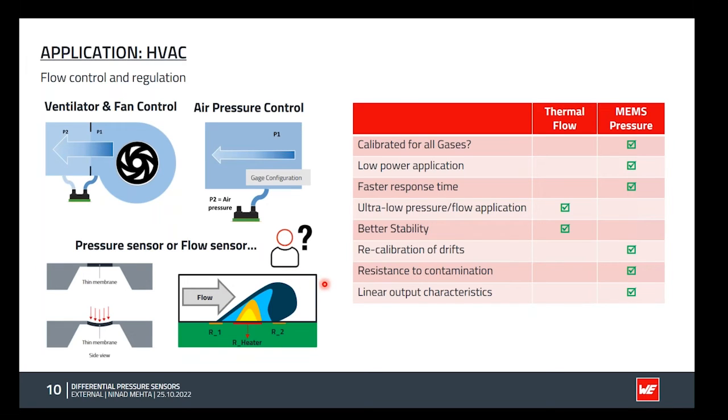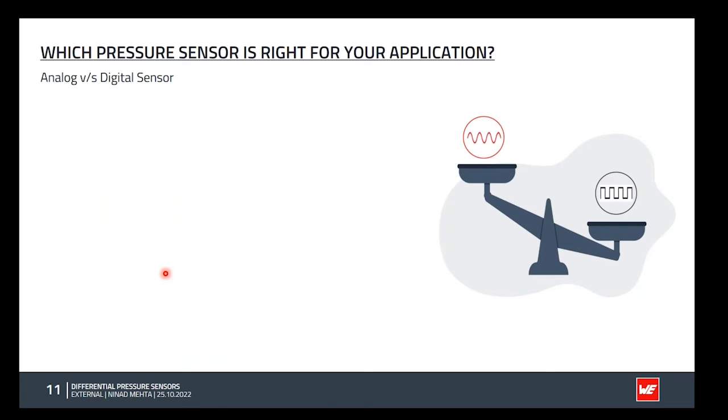So whenever the sensor gets clogged, you do not get a correct flow or pressure output, which is not the case in the MEMS based pressure sensors, because whenever there is some contamination, there will be a delayed frequency response, or you might have some offset due to the contamination, which you can get rid of with the help of the host controller, or by writing some code to get rid of this offset.